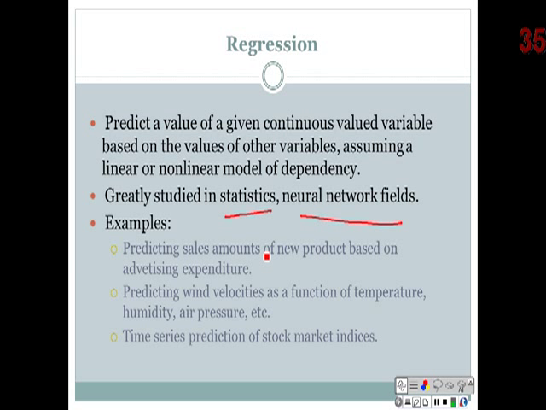Examples include predicting the sales amount of a new product based on the advertising expenditure, and predicting wind velocities as a function of temperature, humidity, air pressure, etc. Time series prediction of stock market indices is also being used.